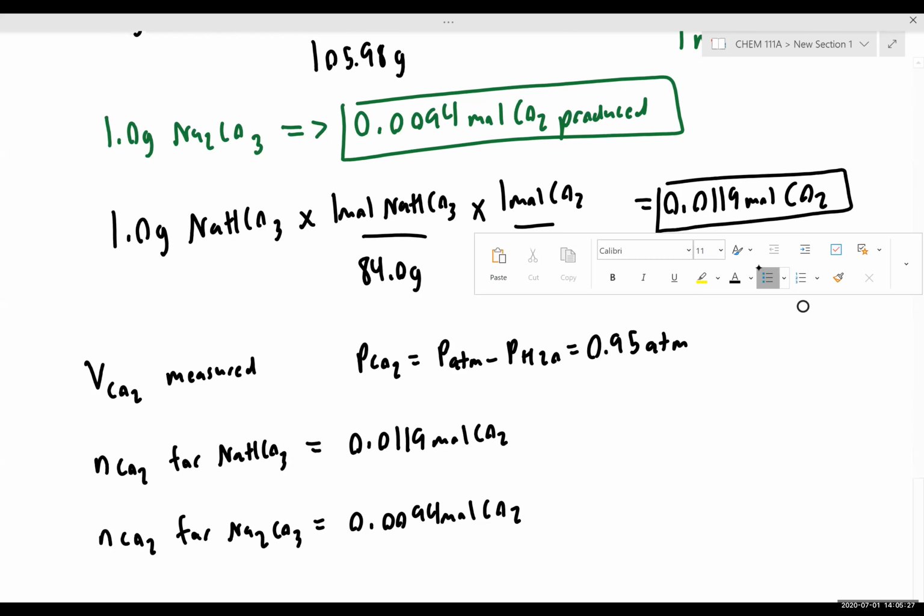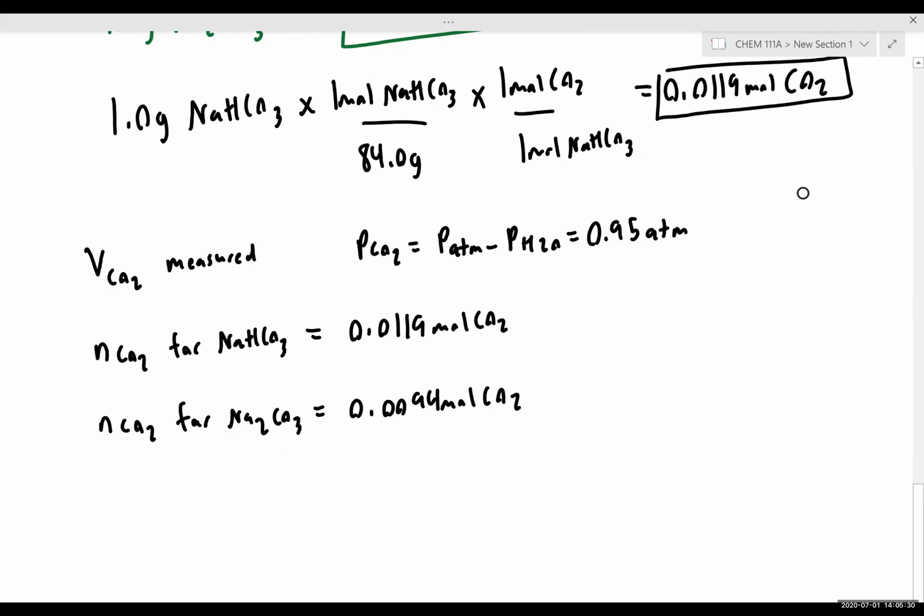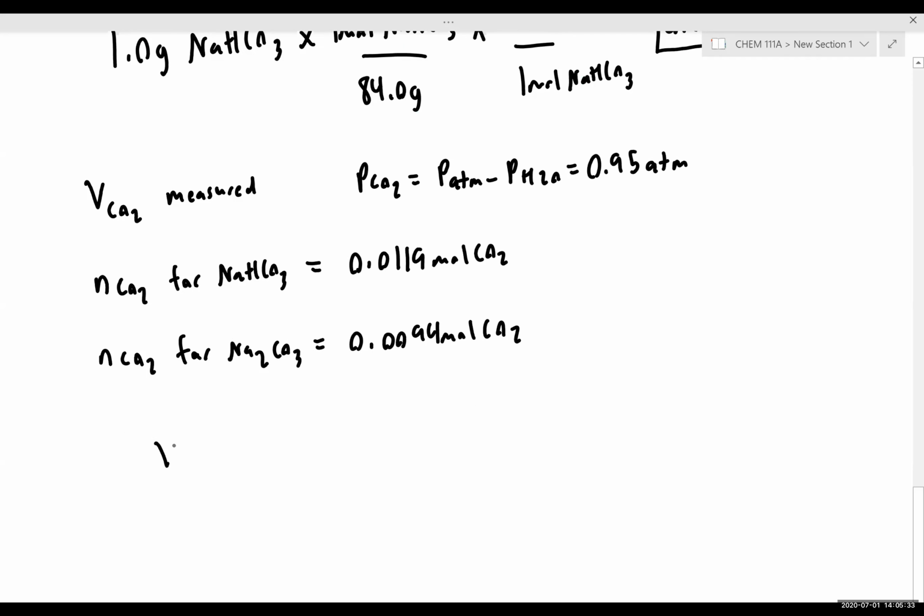Okay. So now plugging this into our expression, we have the volume, we have the pressure of carbon dioxide, we have the moles of carbon dioxide expected from this reaction. So looking at our molar volume equation, which is V over n, that would be equal to the pressure times the temperature.